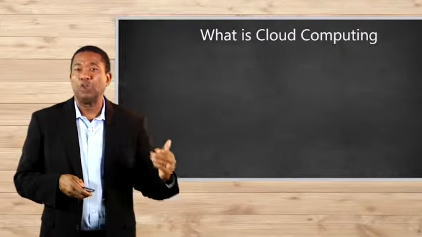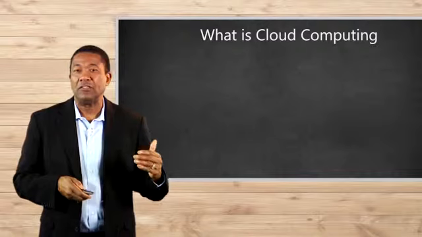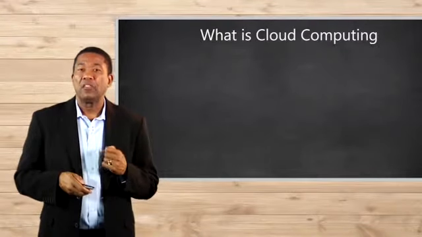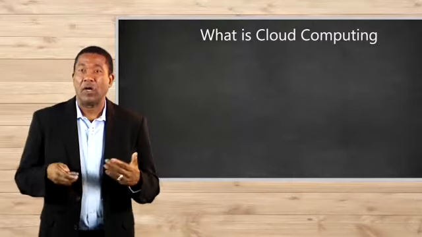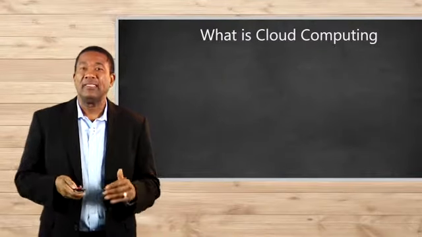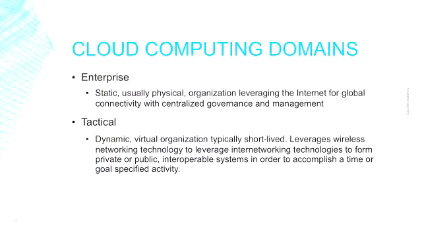Typically, there are two cloud computing domains recognized. The one that most people understand or come in contact with is the enterprise domain, where static organizations leverage the internet for global connectivity with centralized governance and management.